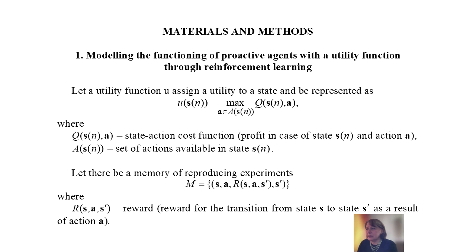Materials and methods. First, modeling the functioning of a proactive agent with a utility function through reinforcement learning. Let a utility function U assign a utility to a state and be presented as shown in the slide. Let there be a memory of reproduction experience represented by the next formula.